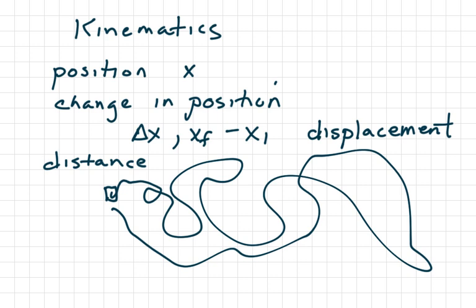So my distance, of course, is the total length of this line. But it bears taking note that displacement, which is a quantity that we will be using much more than distance, is what we are interested in here.